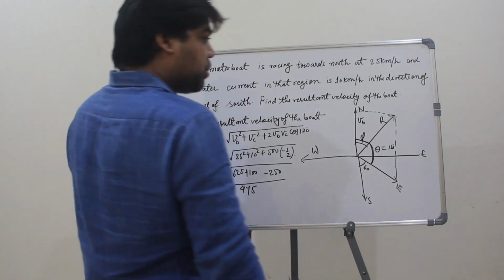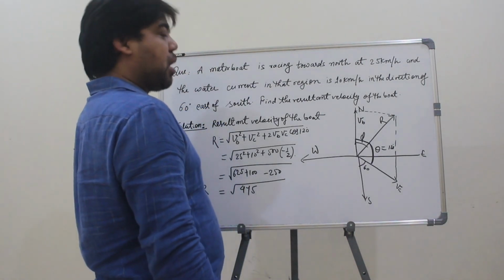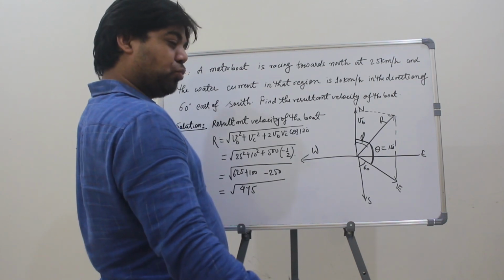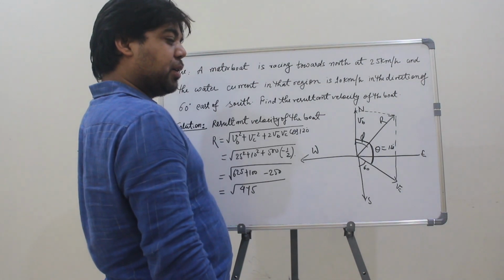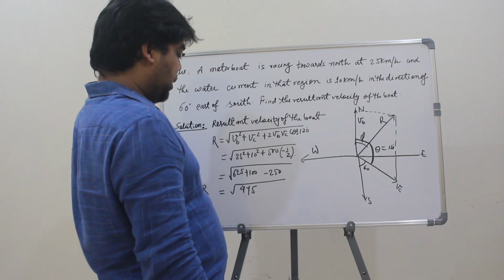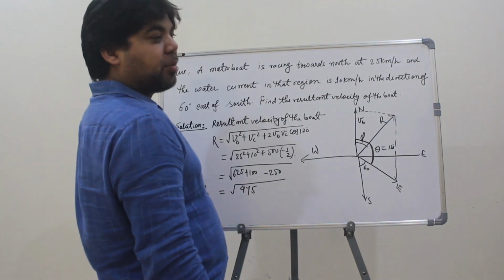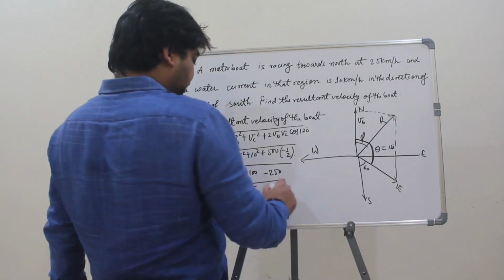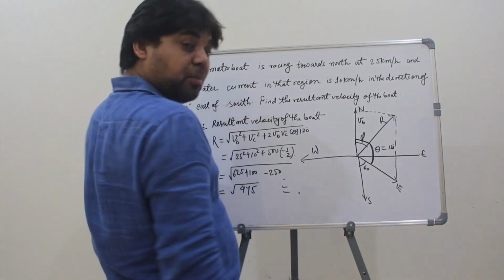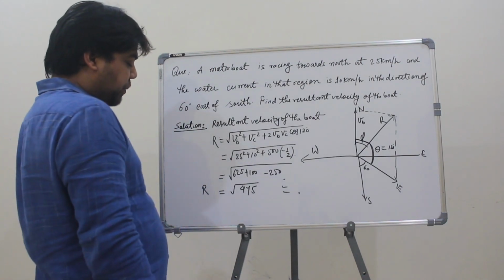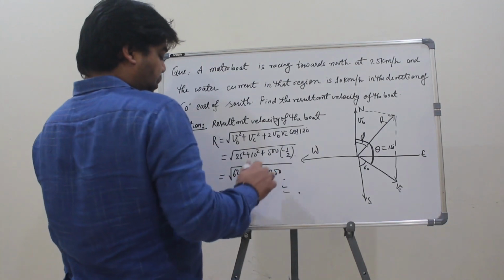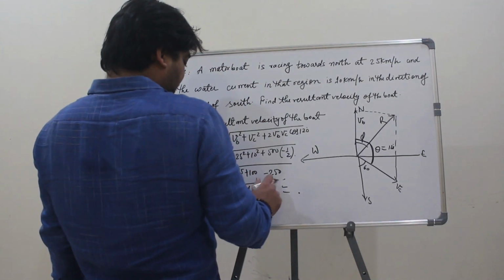So you can take some approximation. It will be somewhere 22, 23 like that. So you can calculate it, root 475, by making pairs, right? And then once we have this, which is the resultant velocity in kilometer per hour.